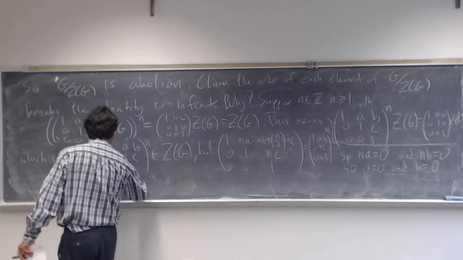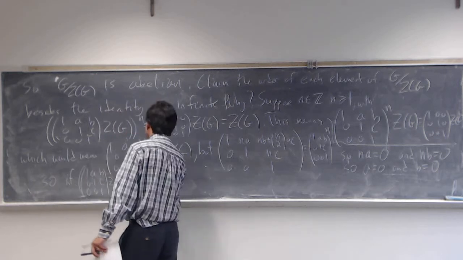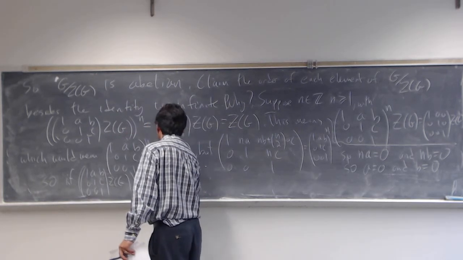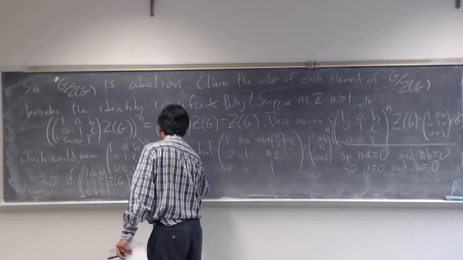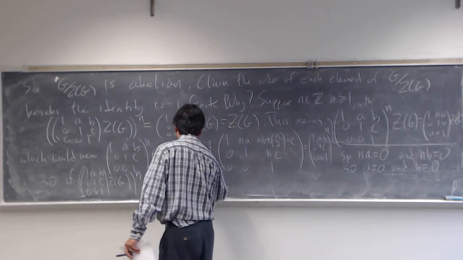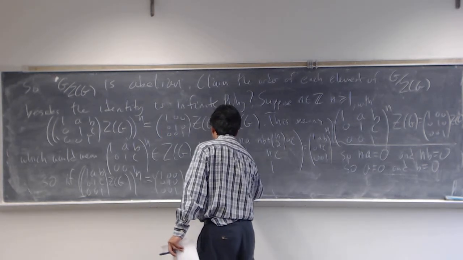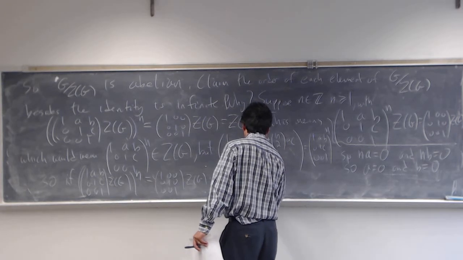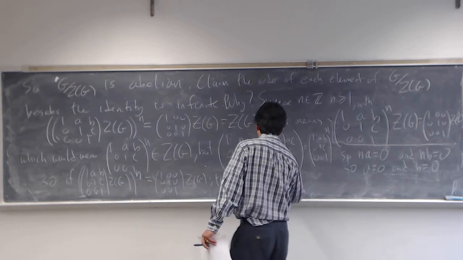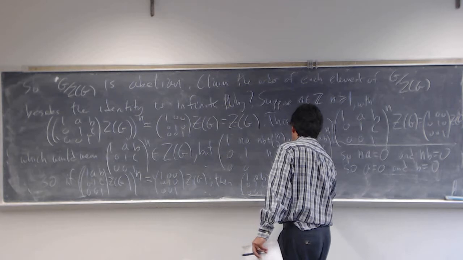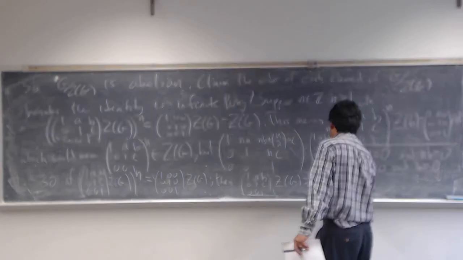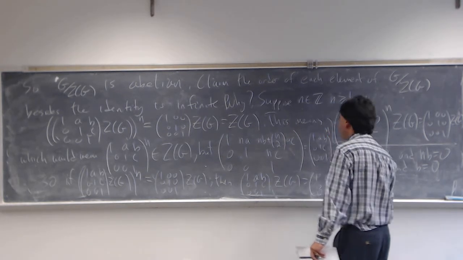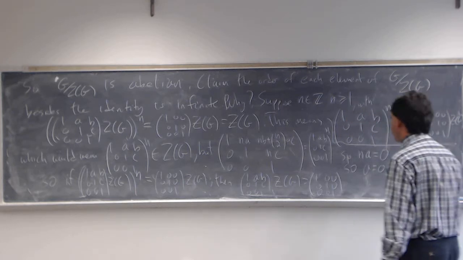So if this element to the nth power is equal to the identity coset, then in fact the element you started with itself must be the coset determined by the identity.